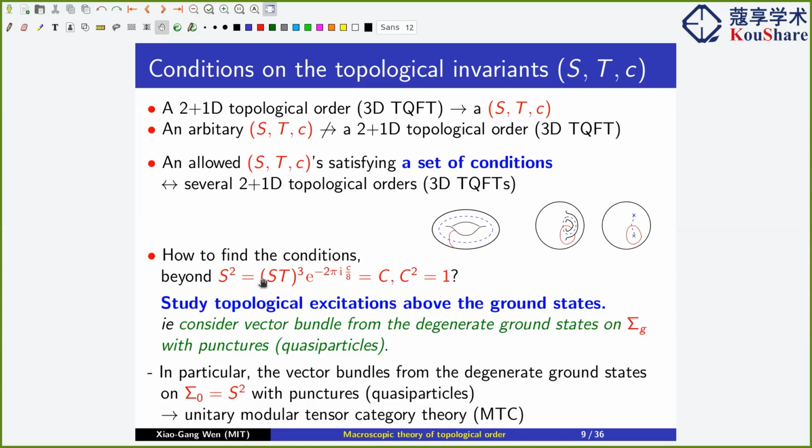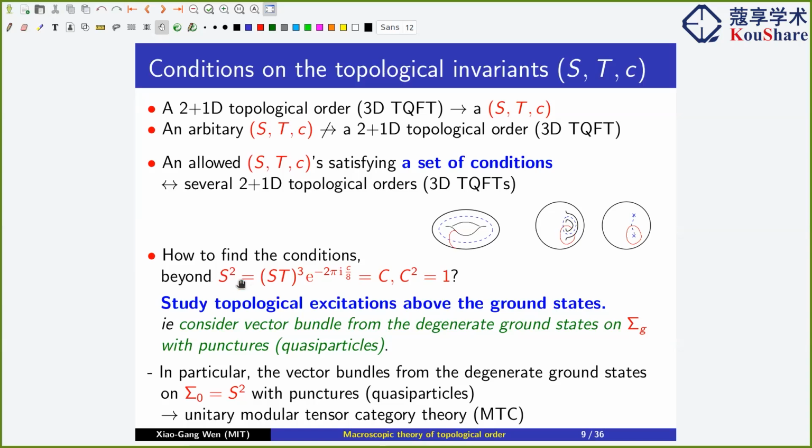One condition is this one: S squared and (ST) cubed are equal up to a phase factor, and C squared equals 1. Basically, remember S is like a 90-degree rotation. Then S to the fourth power is a 360-degree rotation, so you go back, and it should be the identity. Amazingly, (ST) to the 6th power is also always the identity.